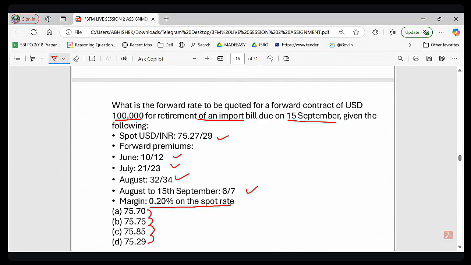So first let's talk about the spot rate. Okay, so let's move step by step. First let's talk about the spot rate.